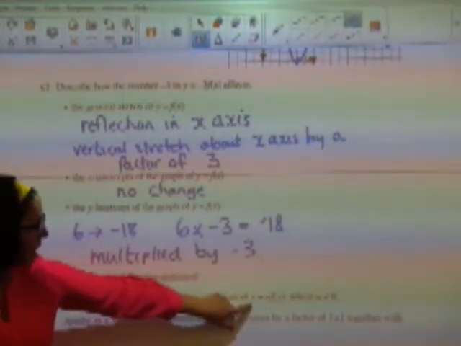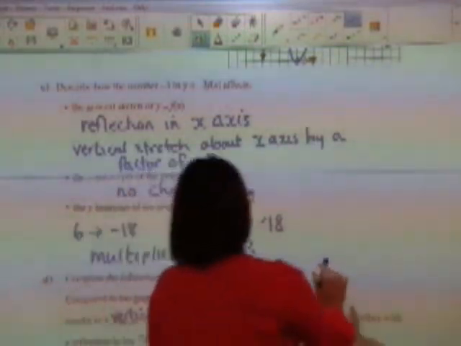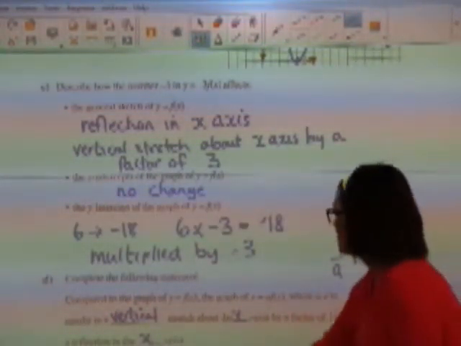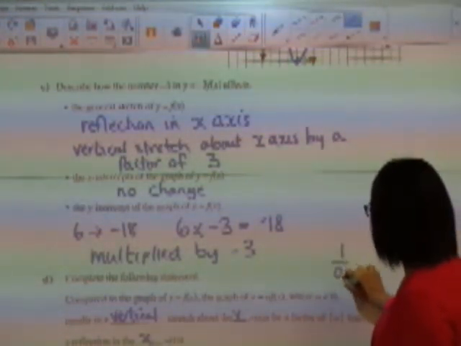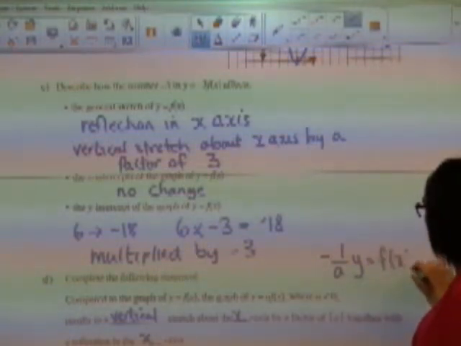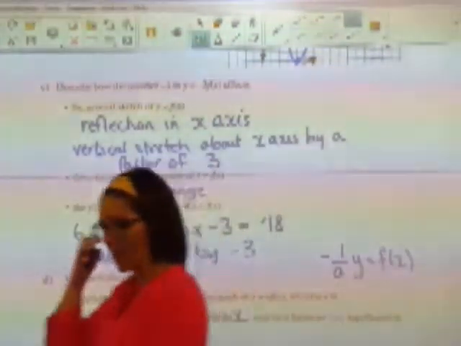And remember, they're talking about the equation being in its simplified form of a times f of x. Originally, it would have looked like negative 1 over a times y equals f of x. And we've moved that to the other side to get that negative a value.